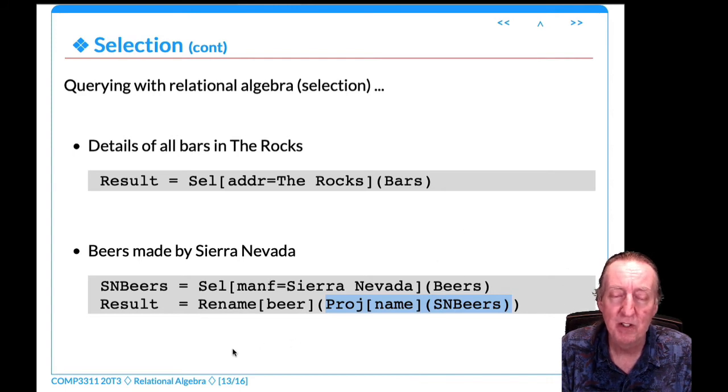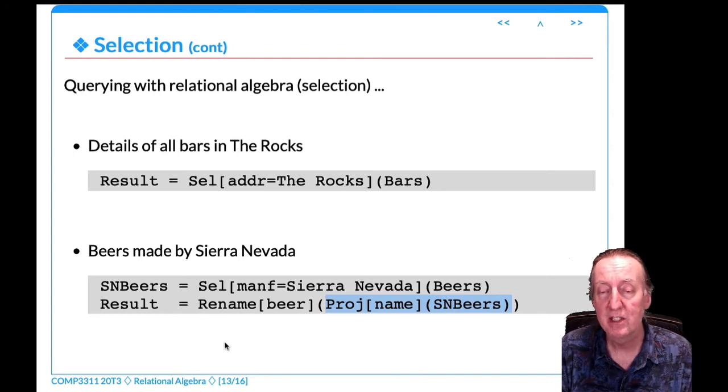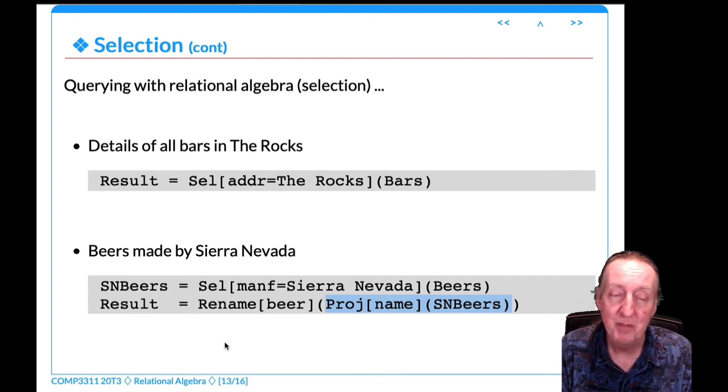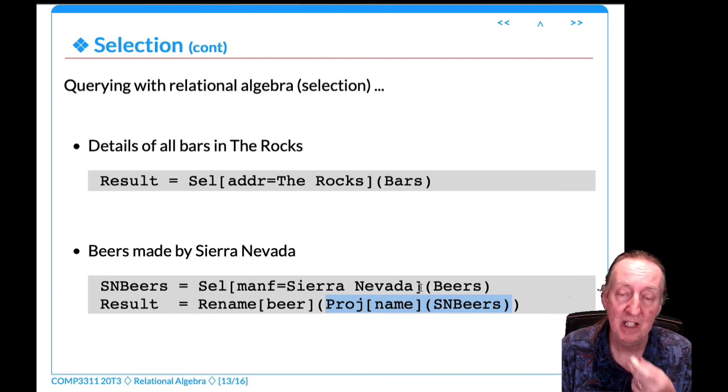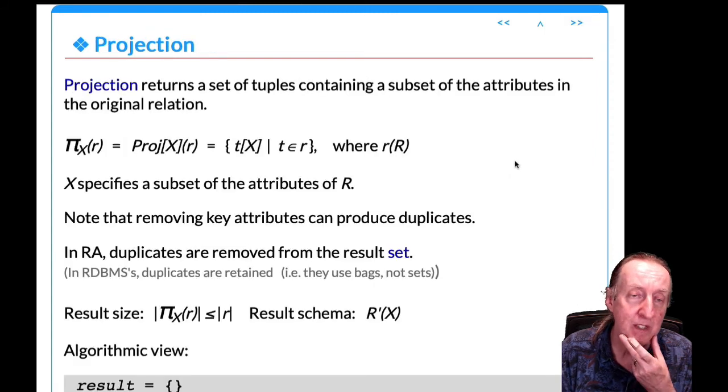Now in terms of SQL, this would be select name as beer from beers where the manufacturer equals Sierra Nevada. So that would be the SQL equivalent to those two statements there.